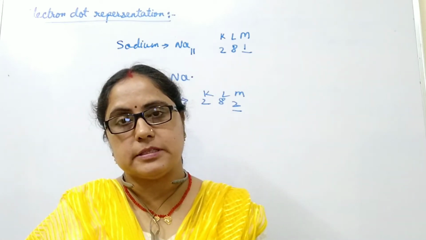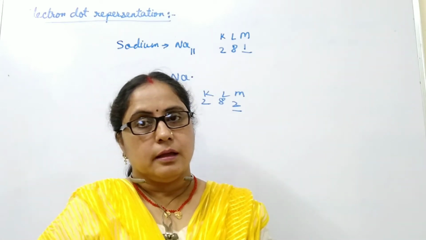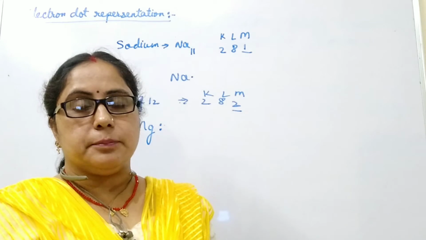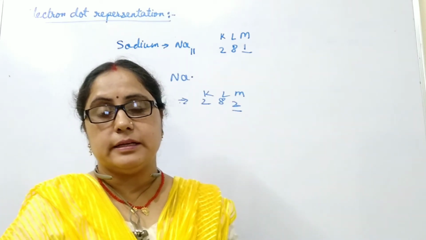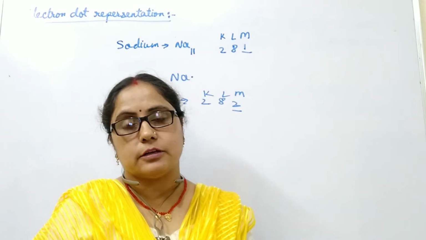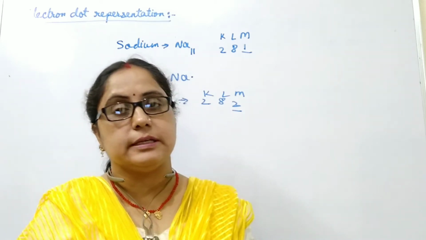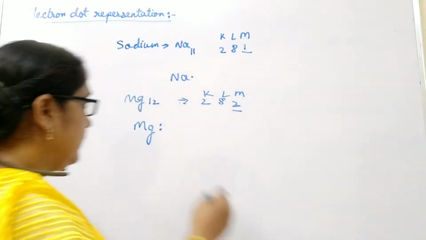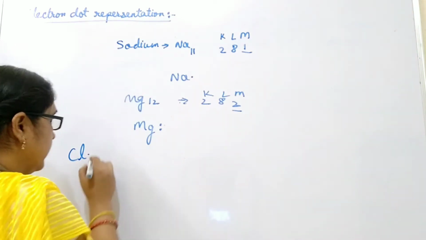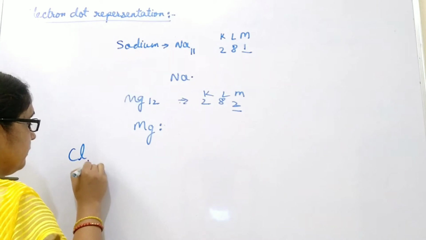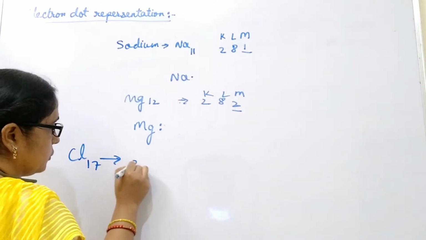Now, how can we represent the nonmetals? Atoms of nonmetals can also be represented by using the valence electrons, but nonmetals gain one or more electrons to complete the 8 electrons in their outermost shell, like chlorine. Chlorine is a non-metal. This chlorine contains 7 electrons in its outermost shell.